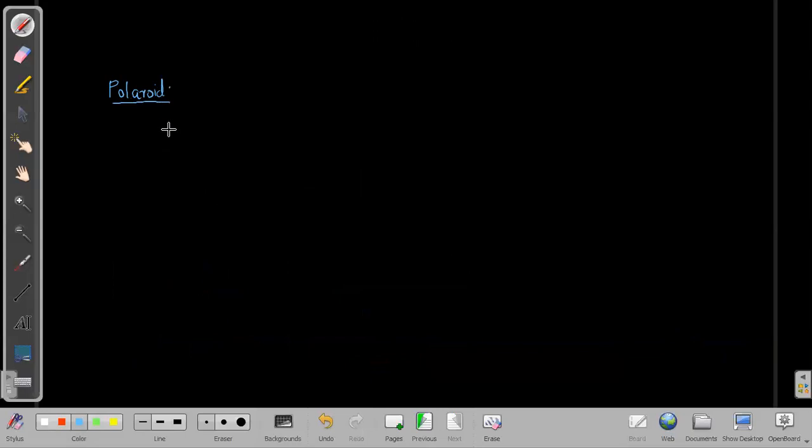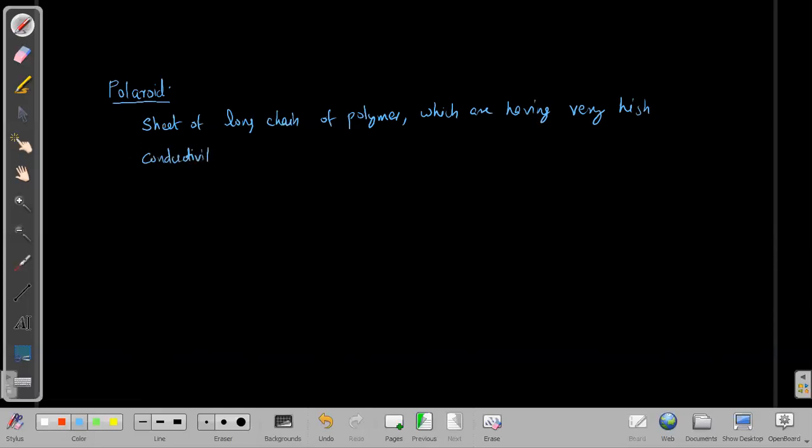So polaroid is just a sheet of long chain polymers which have very high conductivity along one direction, as a wire grid does.